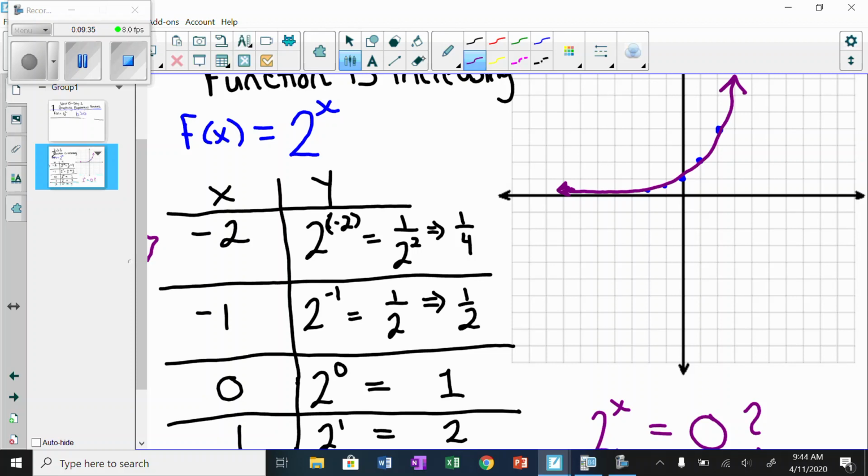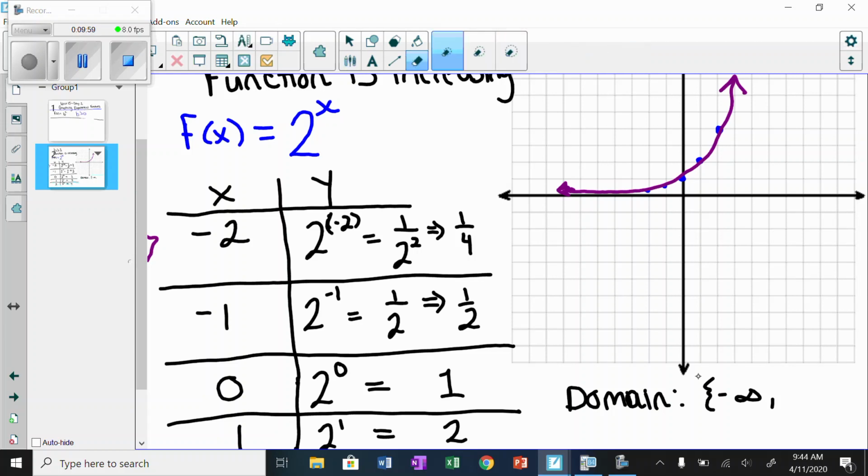Let's talk about your favorite things, domain and range. What is the domain of this function? The domain is going to be, remember, our x's. So what's the furthest left we go? Looks like -infinity. What's the furthest right we go?